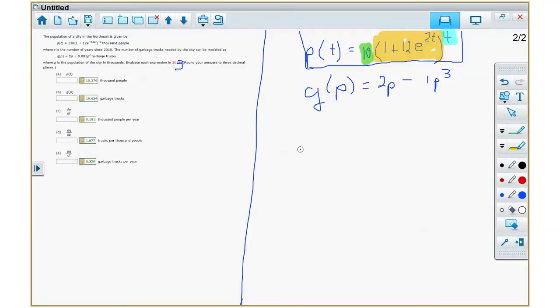Now I'm going to go ahead and take the first one, P prime of T. I'm also going to rewrite it as dP/dt. I'm going to take the derivative.